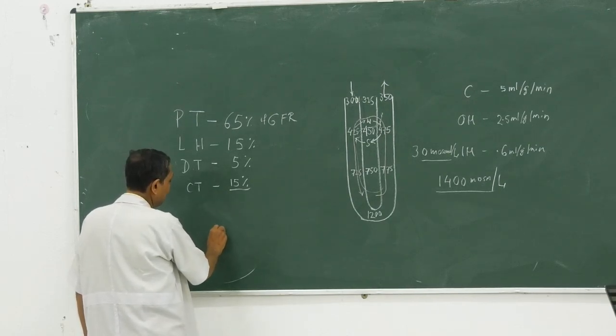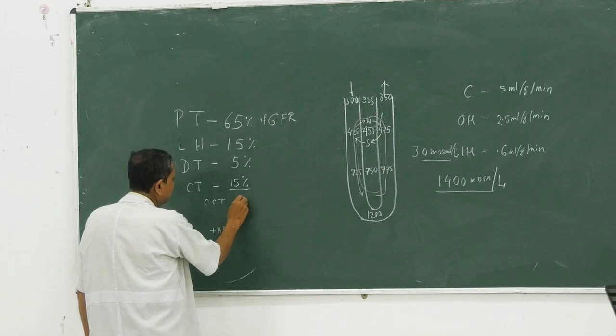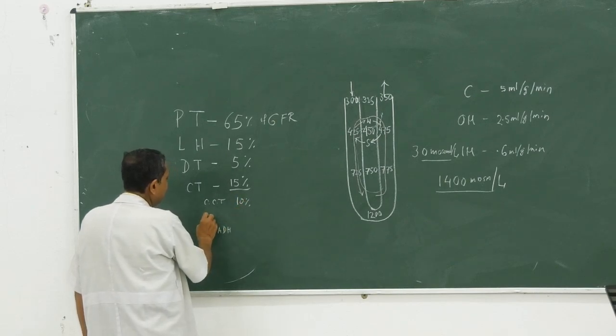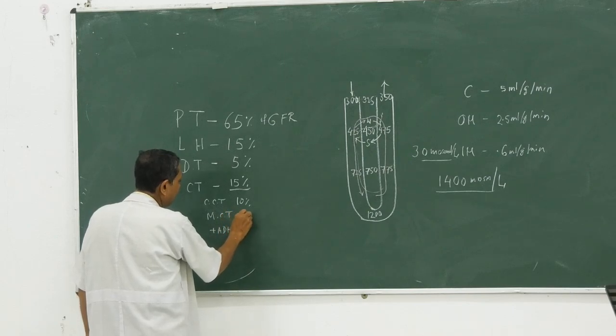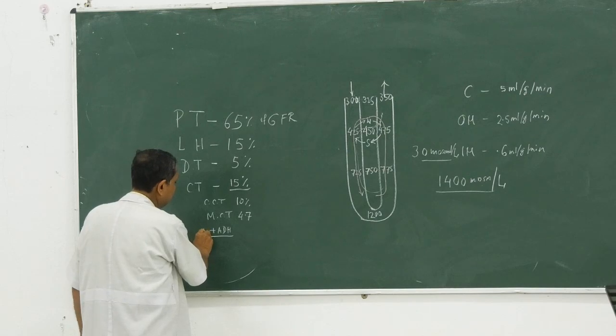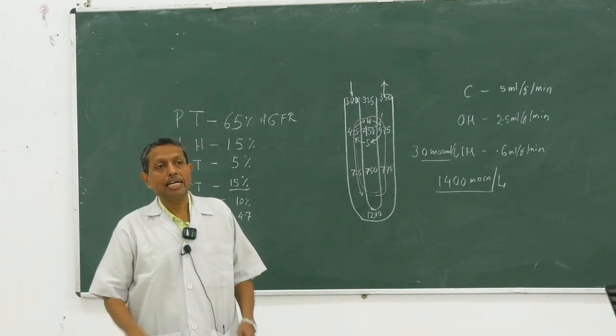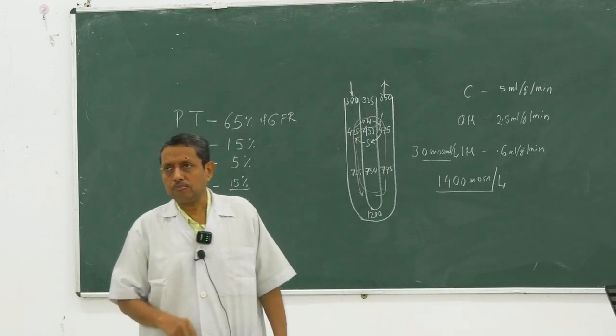With ADH, the cortical collecting tubule reabsorbs 10%, and the medullary collecting duct 4.7%, in every attempt of concentration of urine.